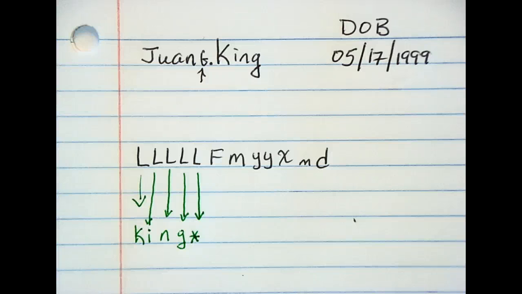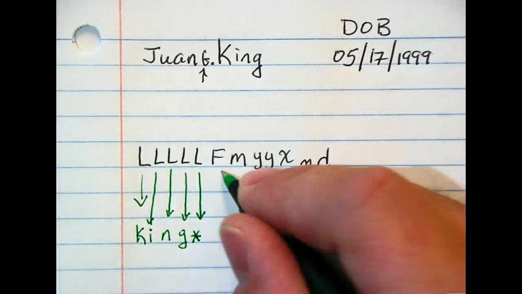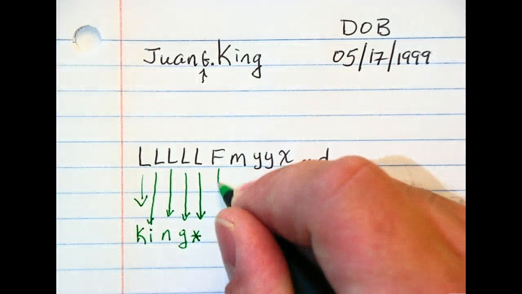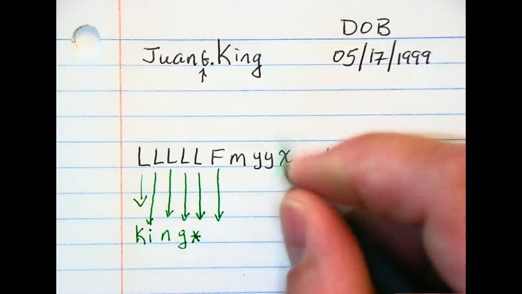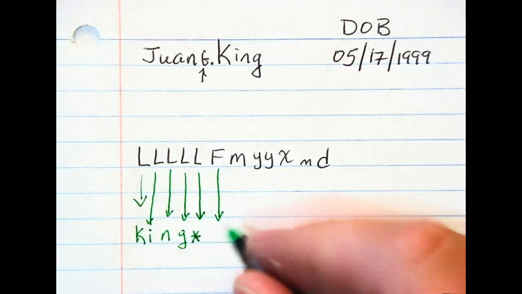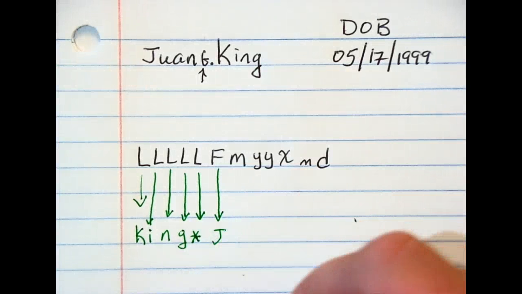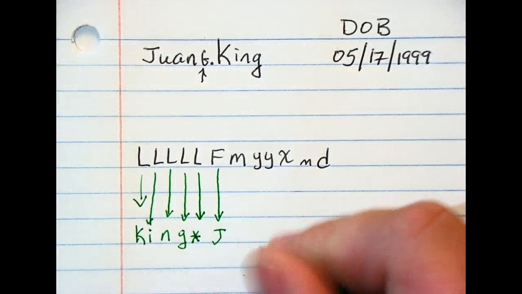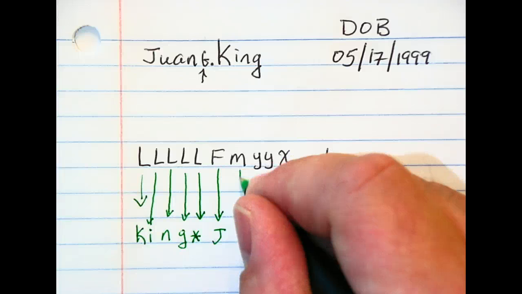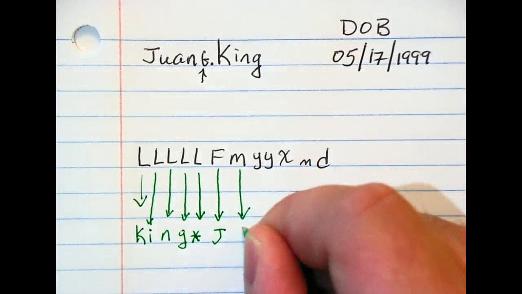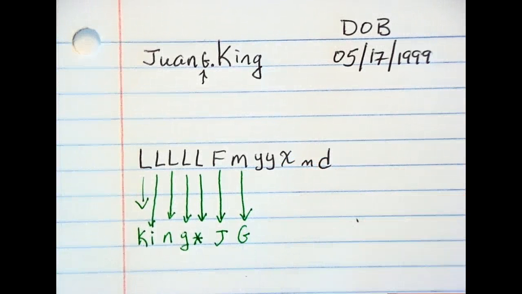So for instance, McCoy, the first 5 letters of my driver's license are MCCOY. Then you have the first letter of his first name, so J. And then first letter of his middle name, G. So right now, everyone should know the first 7 digits of your driver's license number. Okay?